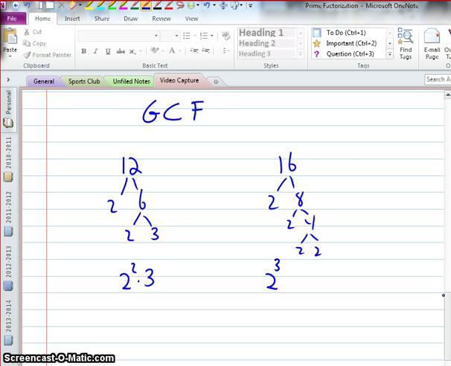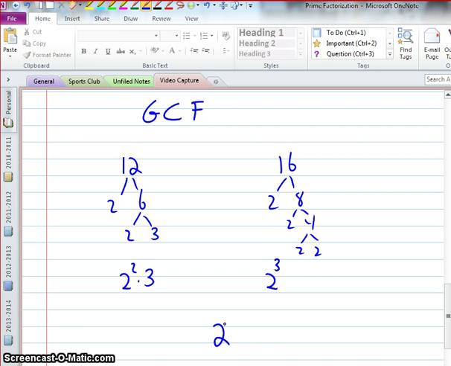So again, we're looking for a common base. Remember, we talk about a base and an exponent. The only common base that I see here is the 2, because 3 is not common to both 12 and 16's prime factorization. And we're looking for the maximum number of times that a 2 occurs in each factorization.